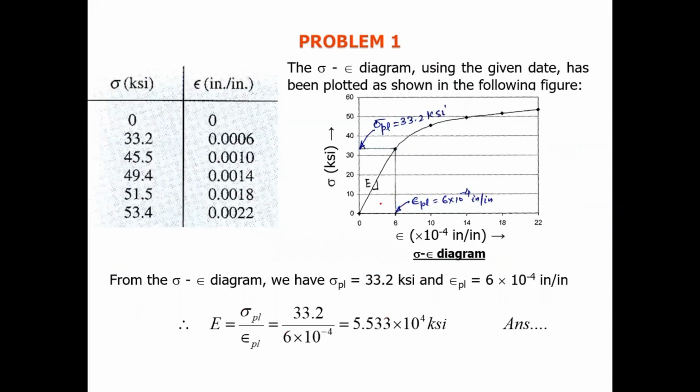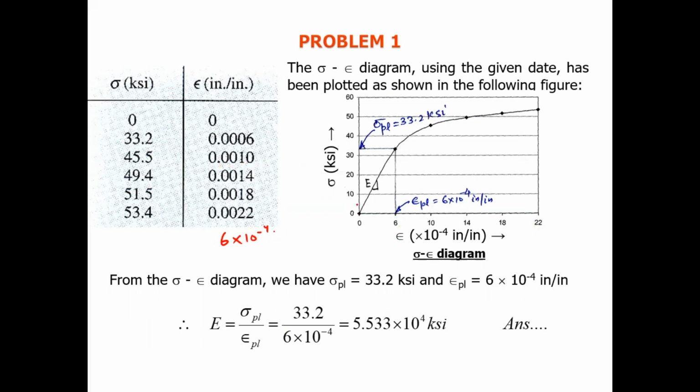Here they made the interval 10, 20, 30, 40, 50, 60, and they said 6 into 10 raised to the power minus 4. So on the strain axis it is 6, 10, 14, 18, and 22.